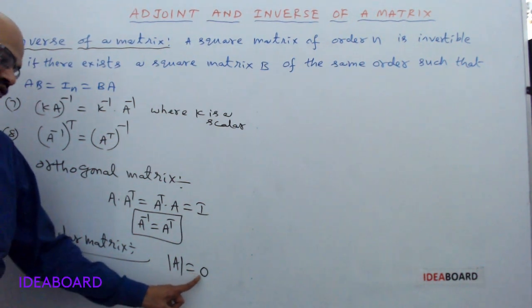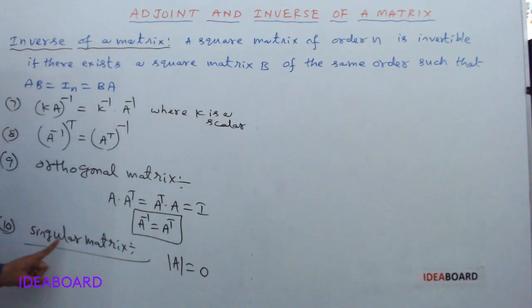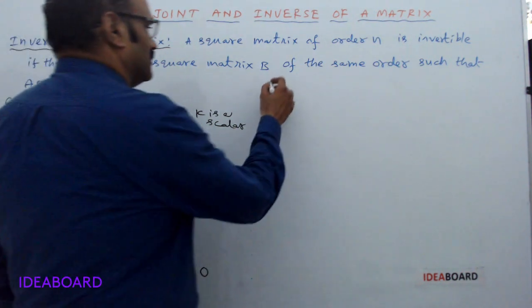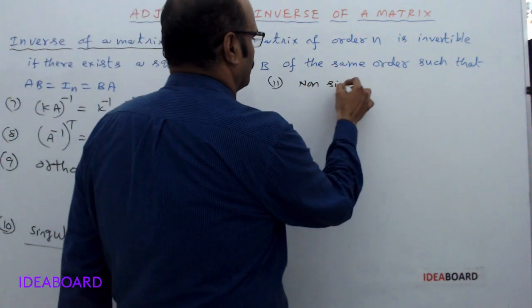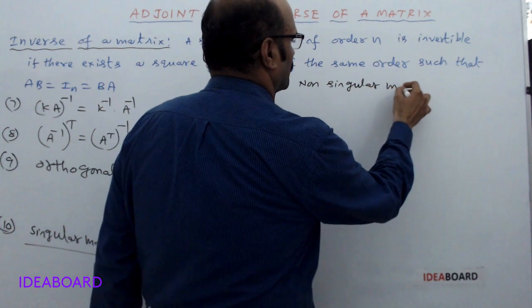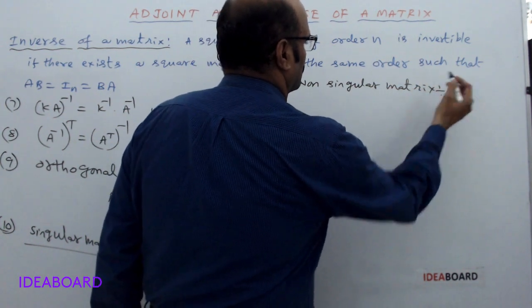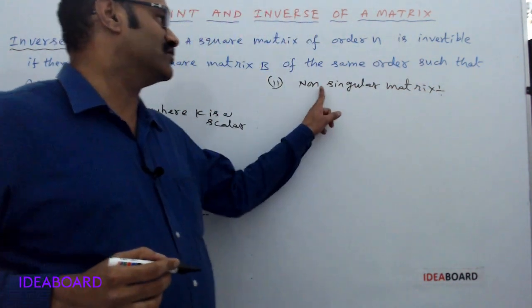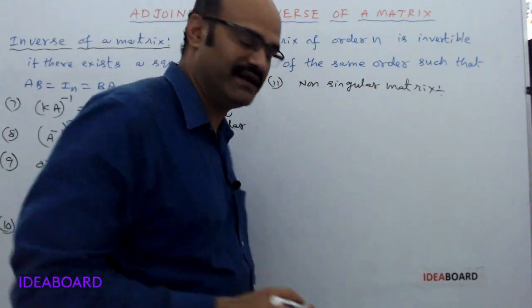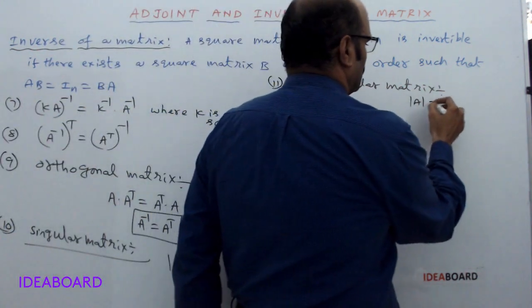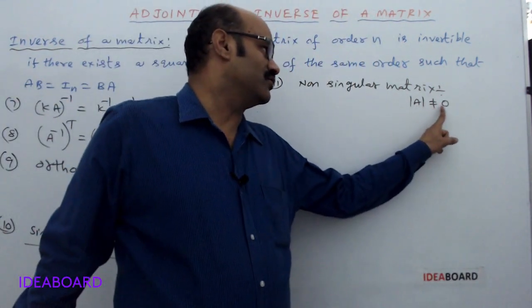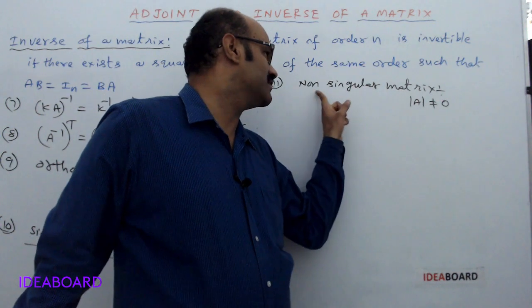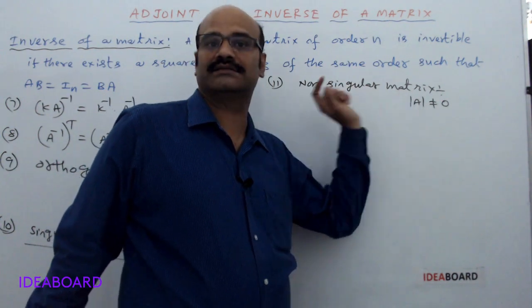Non-singular matrix: a square matrix A is said to be a non-singular matrix if det A not equal to 0. If det A not equal to 0, then we say that the matrix is non-singular.